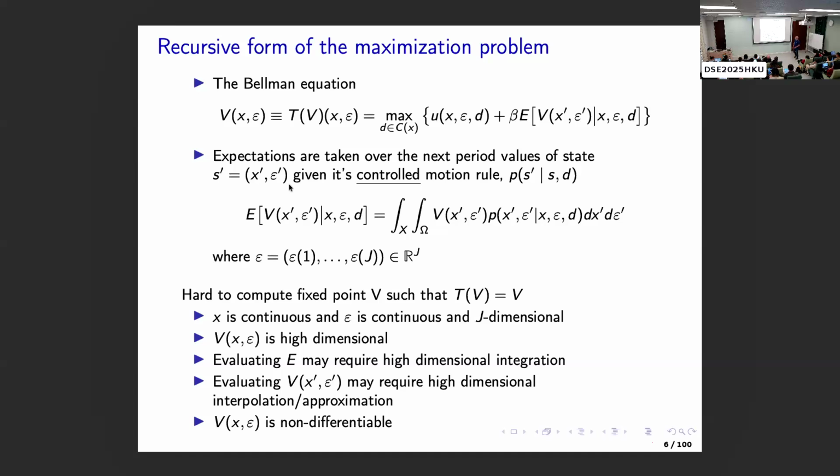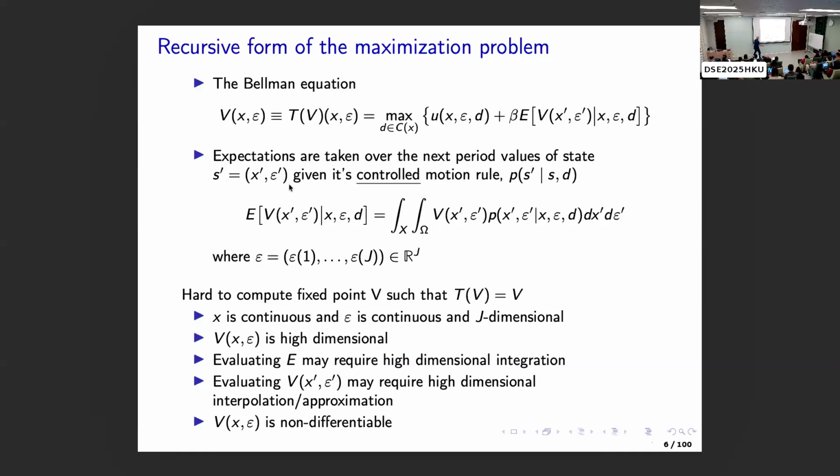Now, okay, so how do you make choices? You maximize the sum of current and discounted expected utility. And how to solve that problem? We solve the Bellman equation. Okay, so the Bellman equation is here, which gives the value, which is the max over all these different choices, now 0 and 1, of the sum of current and future expected utility.